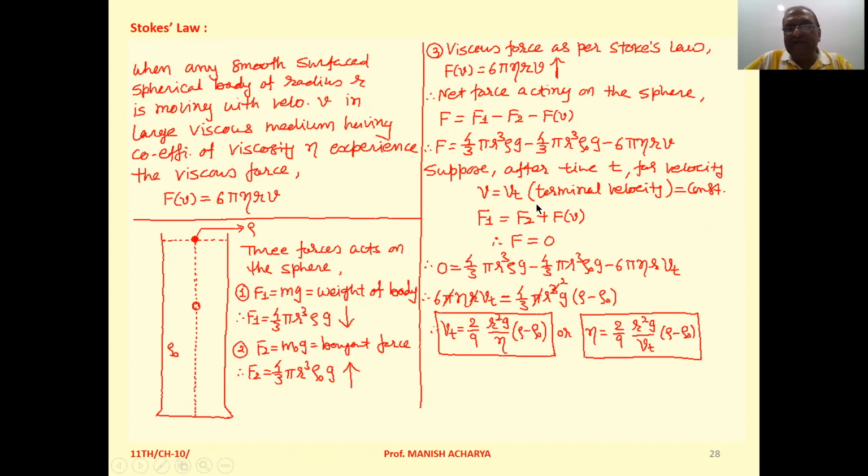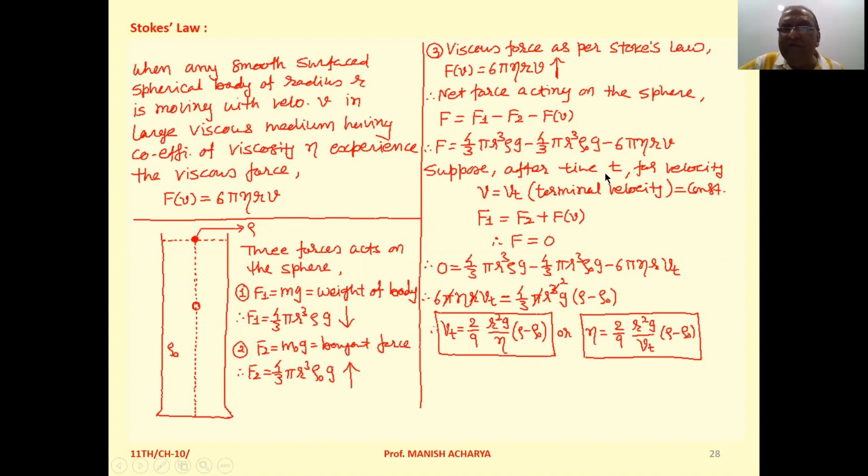It implies that this particular velocity vt, for which the net force becomes 0, is now constant. So the body will now move with this constant velocity, and that is known as terminal velocity.